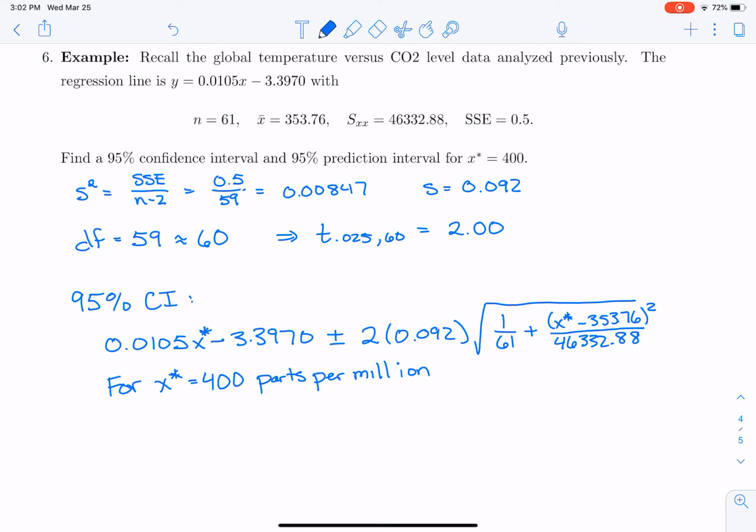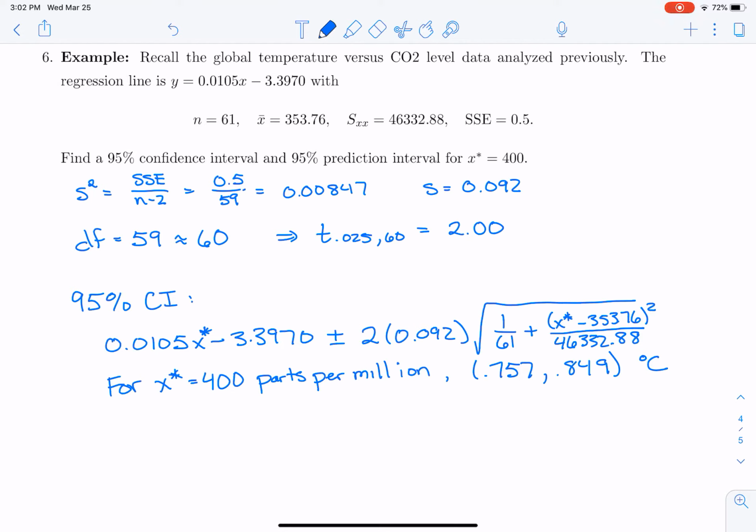And that's going to give us a confidence interval for the mean of 0.757 to 0.849. And those are in degrees Celsius.